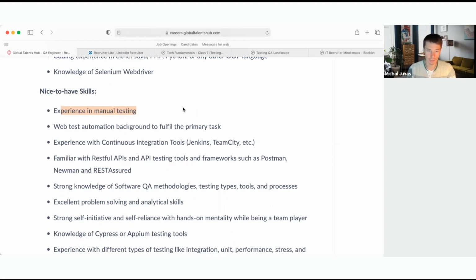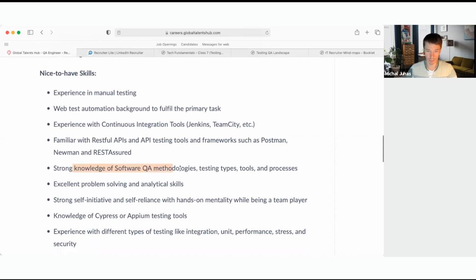All that put more pressure to test software automatically with automated frameworks. So in this case, they welcome someone who has experience with manual testing, but they will be using automation tools. In particular, continuous integration tools such as Jenkins is also required, or sort of nice to have, right?